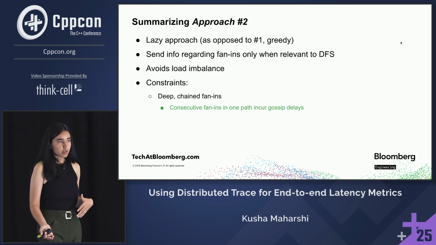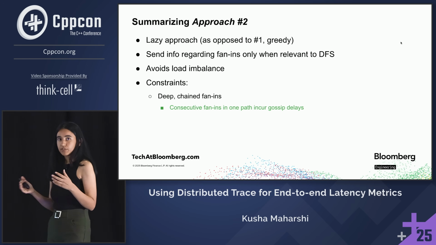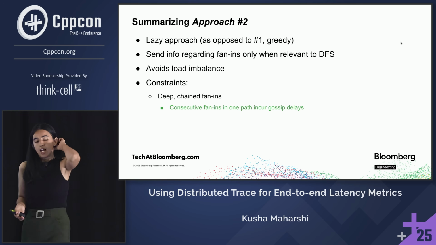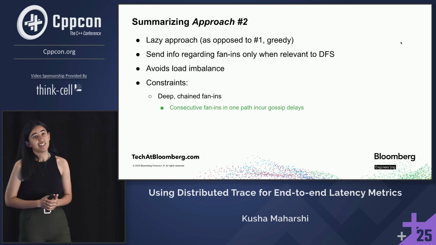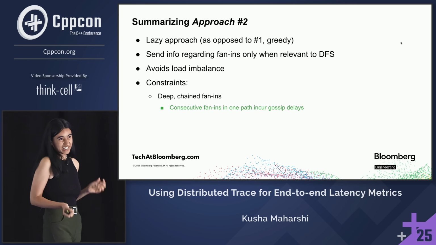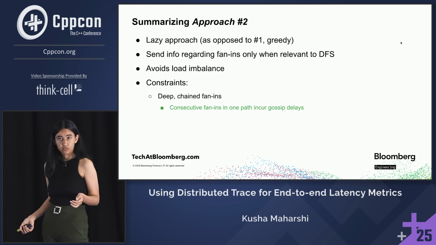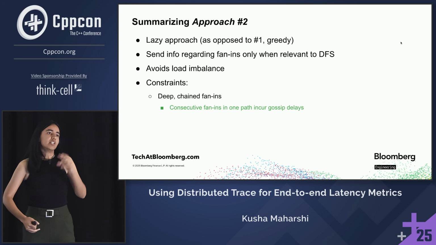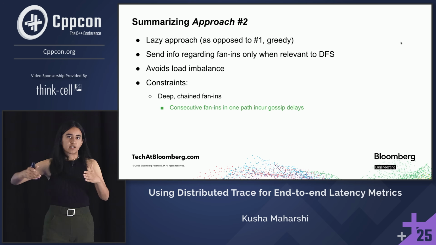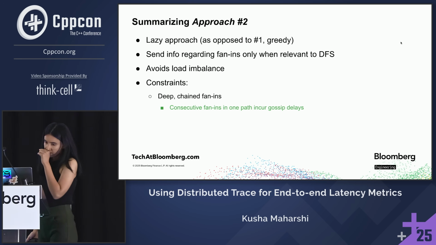The good thing about this approach is that it avoids the load imbalance issue, because we're not preemptively building all these trace bundles. However, one constraint is that it doesn't work very well with deep chain fan-ins. If you have a path of fan-in after fan-in after fan-in, that would lead to a lot of gossip hops in our system, thus incurring delays.